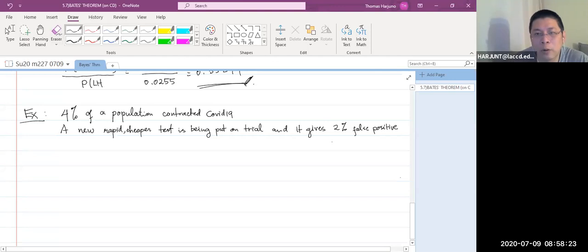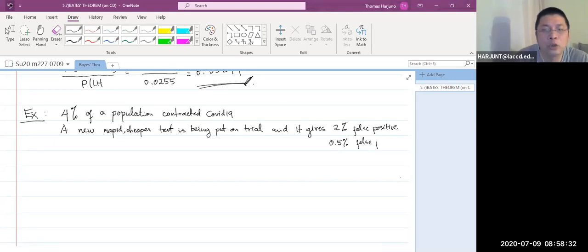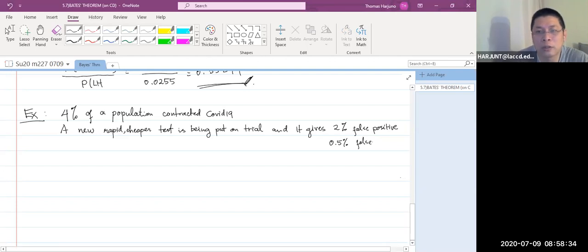Okay, 0.5% false negative. Now, the terminology false positive and false negative is widely used in this kind of research.